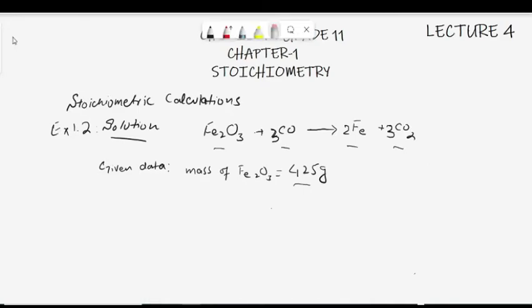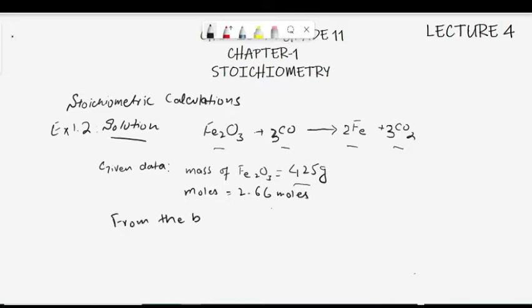So the given data is the mass of iron oxide. We have already converted the mass in grams into moles, and the number of moles available to us is 2.66 moles.